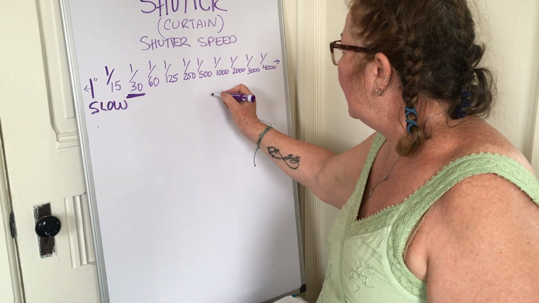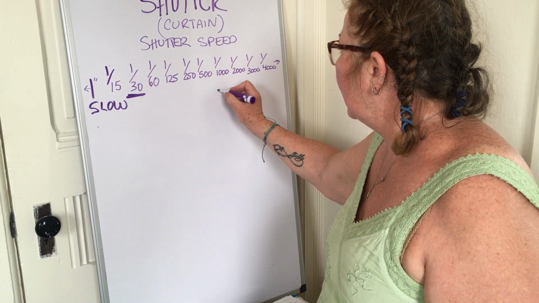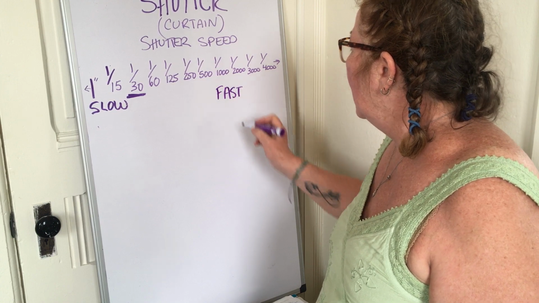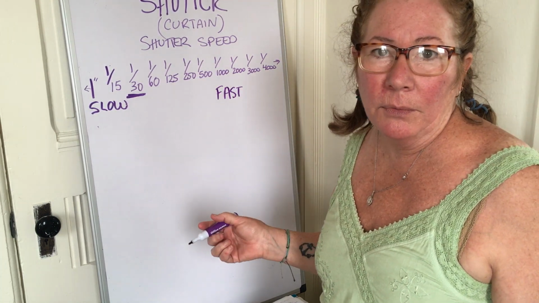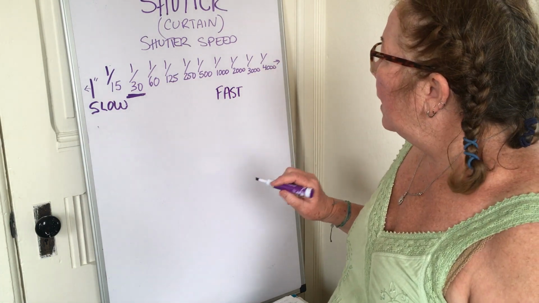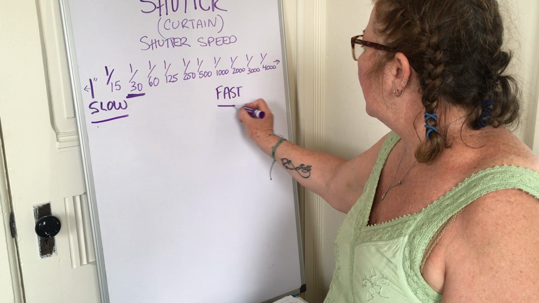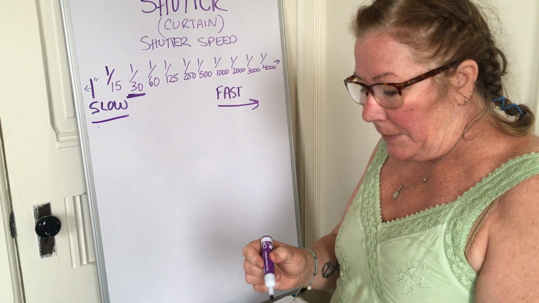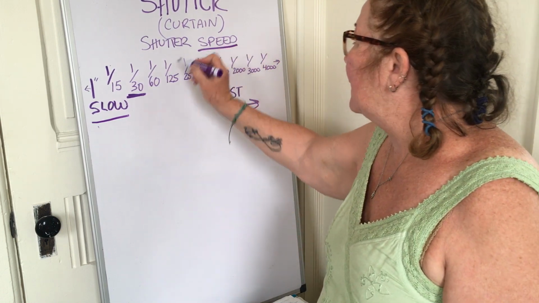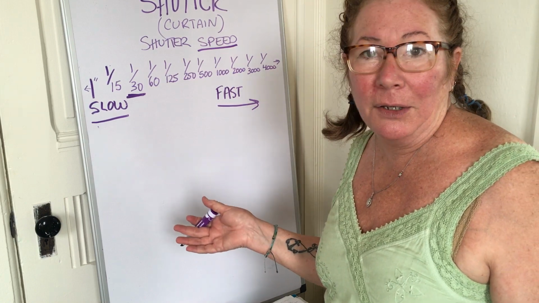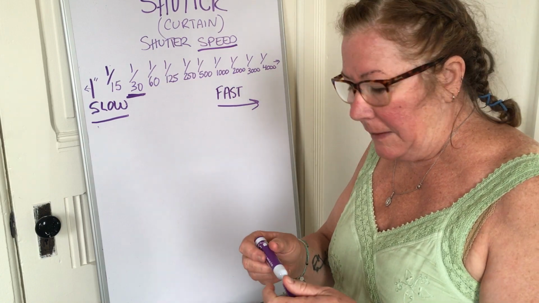And up here, once we get over 500th of a second, these are fast shutter speeds, right? You couldn't see that with your naked eye. There's absolutely no way. So how does this work? This would be slow, this would be fast. And that's why they call them shutter speeds, because it's talking about how much time and how fast it goes, how fast it opens and closes.